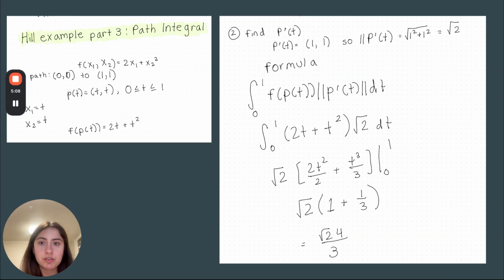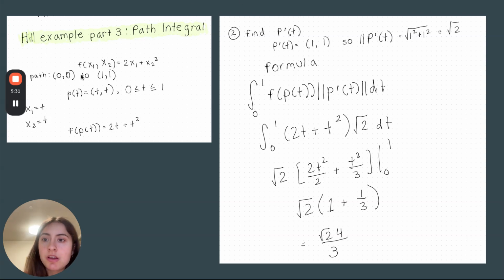Now, finally, the third part is a path integral. Let's say I wanted to find the total elevation experienced during my hike. The accumulative change that I'll be finding in my path integral will be defined as the elevation gain.